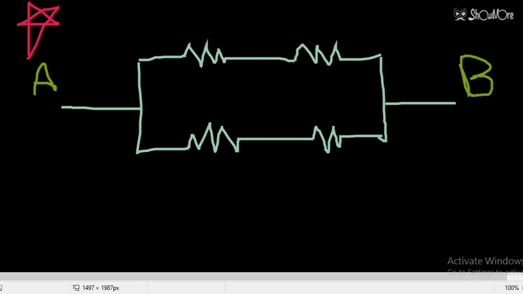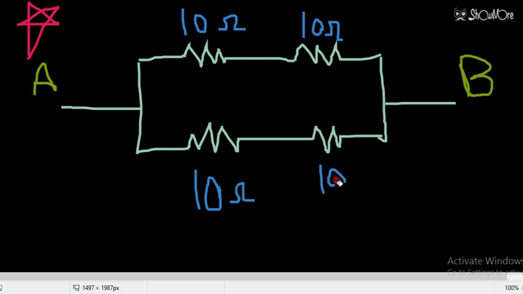Now let's suppose the value of each resistance is 10 ohm. All four resistances are of 10 ohm, every resistance has a value of 10 ohm.